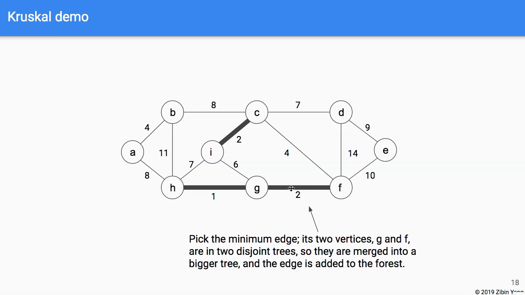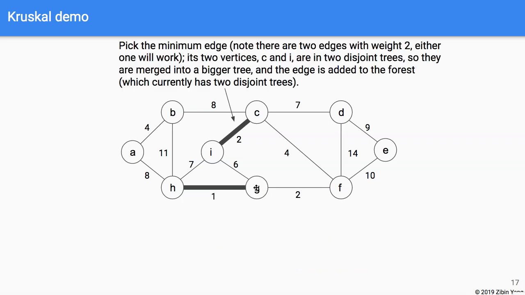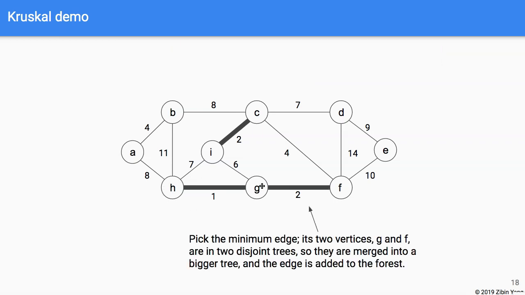Going next, we will again look at the next edge in our sorted list, and that would be this edge. That is also of weight 2. And again, we look at the vertices of this edge, which include G. Now G, if you remember previously, is in this tree here. So we are looking at this tree and comparing it against the tree that F is in.